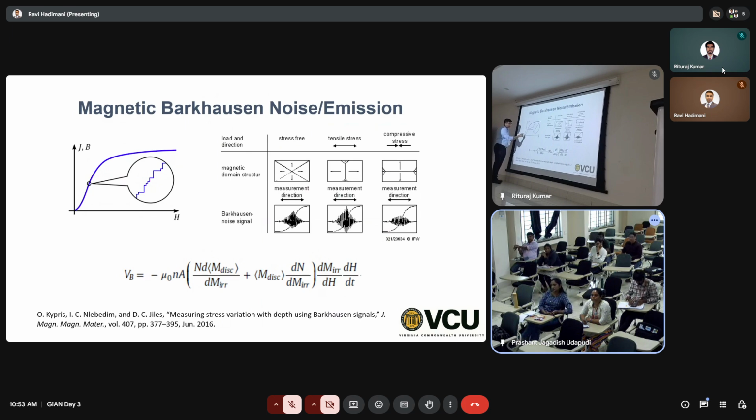But this magnetization goes like this and saturates. But if you zoom in on this curve, the magnetization does not increase so smoothly like this. It's like a step behavior, a step increase or a step function. Do you know why that is?